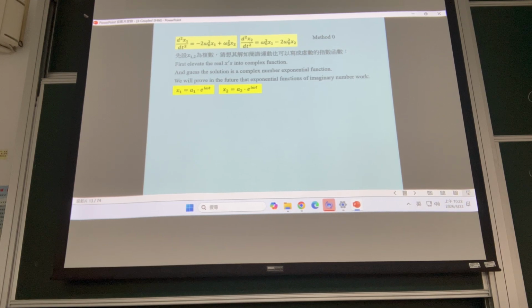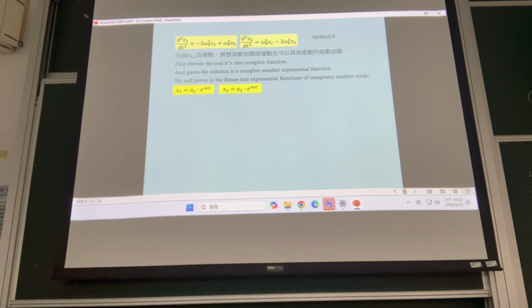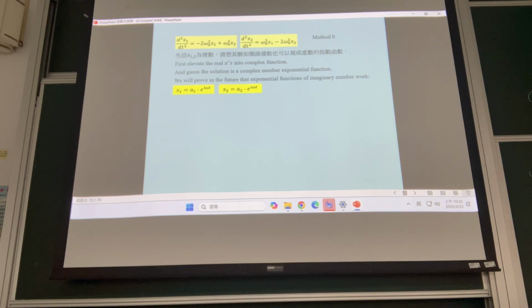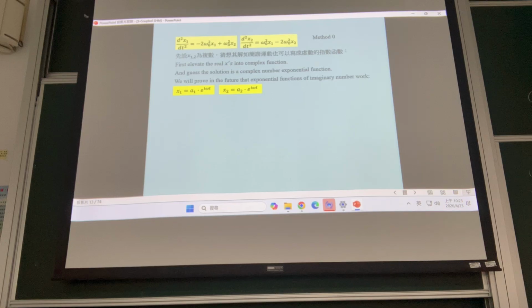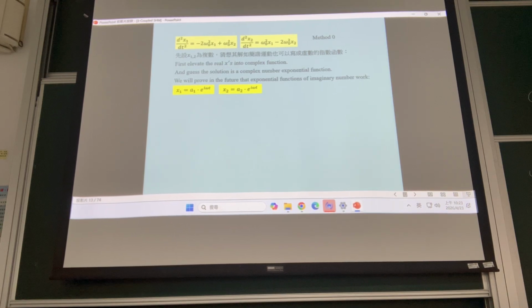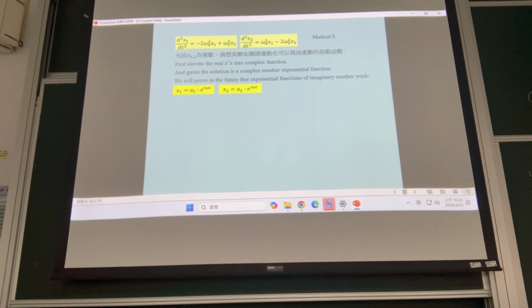Omega 0 is a constant we know, k over m, which is the natural frequency of the spring system, our original omega from the last class. But this omega is a guess. I guess the solution could be written in this way: A1 e to the i omega t. But we don't know what omega is. Omega hasn't been solved yet. It's a very, very good question.